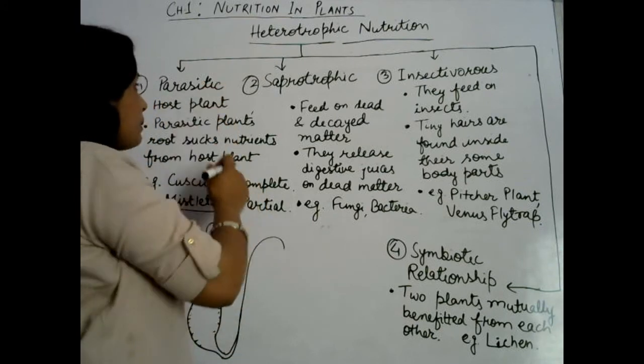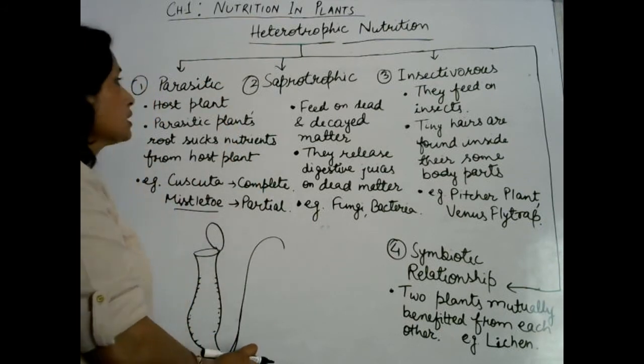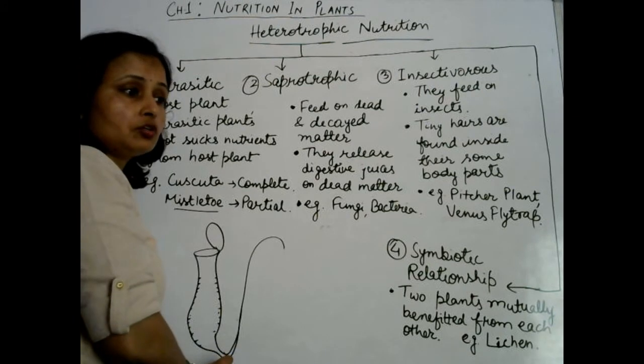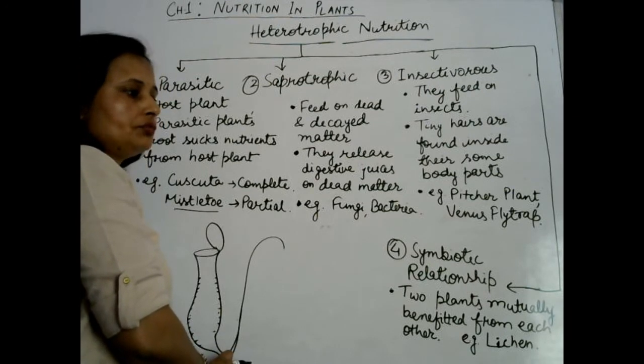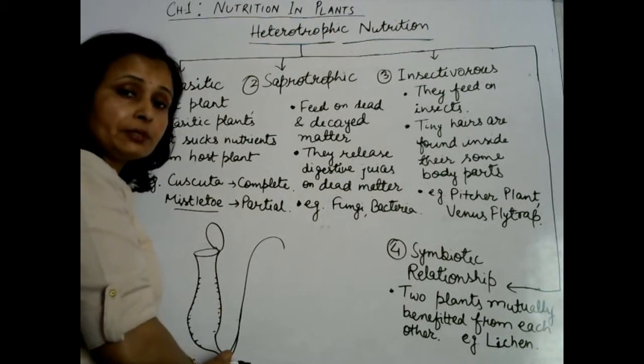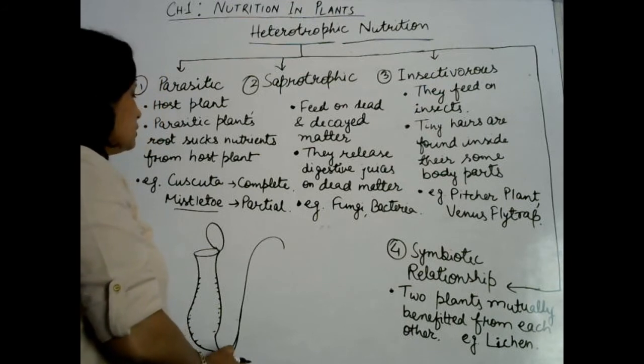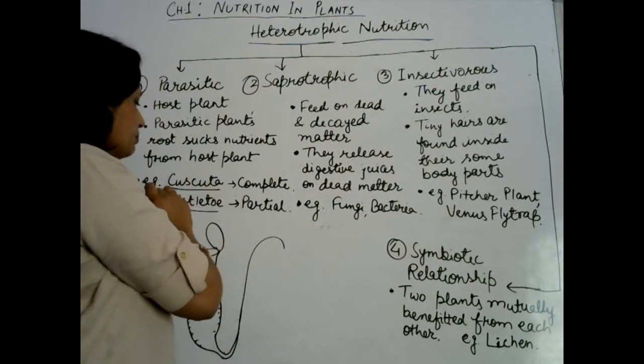There are a few plants which are either not having chlorophyll, or maybe they are having chlorophyll but can't get the rest of the materials required for photosynthesis. An example is Cuscuta.